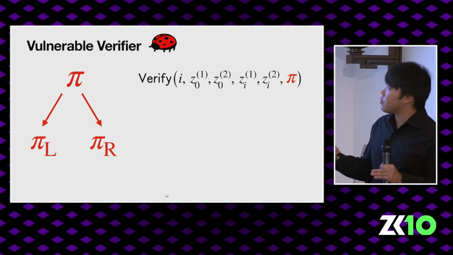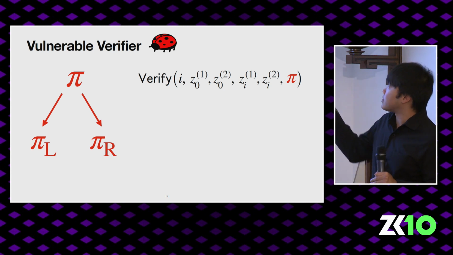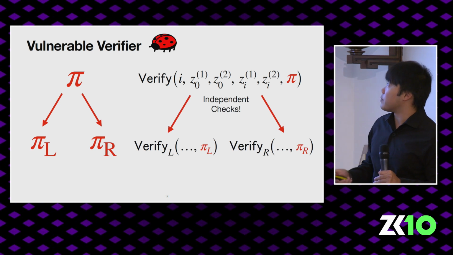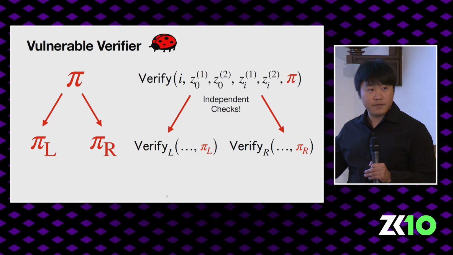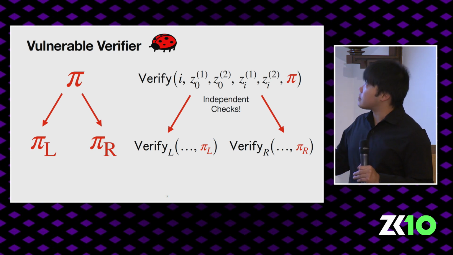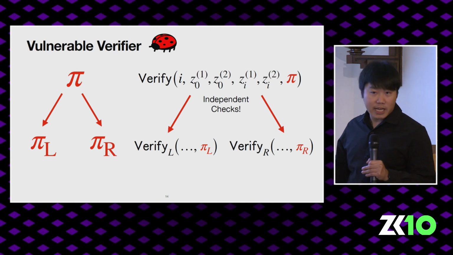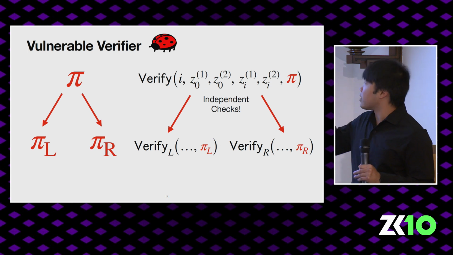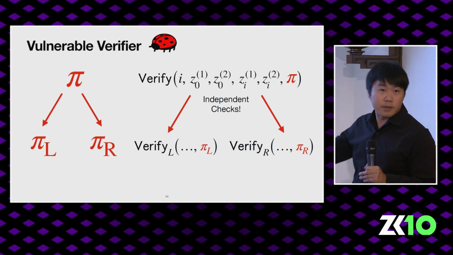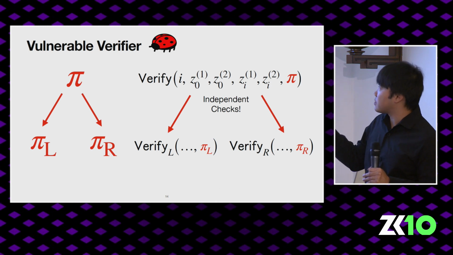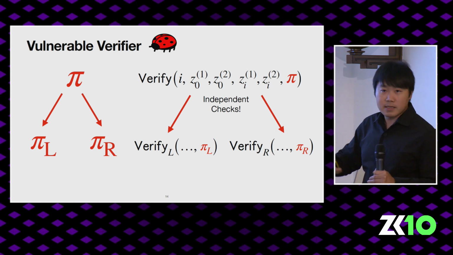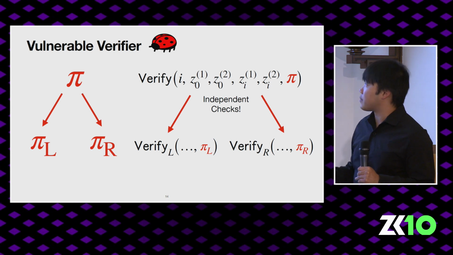And now that vulnerable verification equation took in this vulnerable proof and could actually be split into two independent checks for the left and right halves of the proof. Because this verification was missing some critical hash checks, it was allowed to be split into two independent checks. And it is the fact that they could be split into two independent checks which allowed for a sort of symmetric attack, which we'll describe in the next slide.